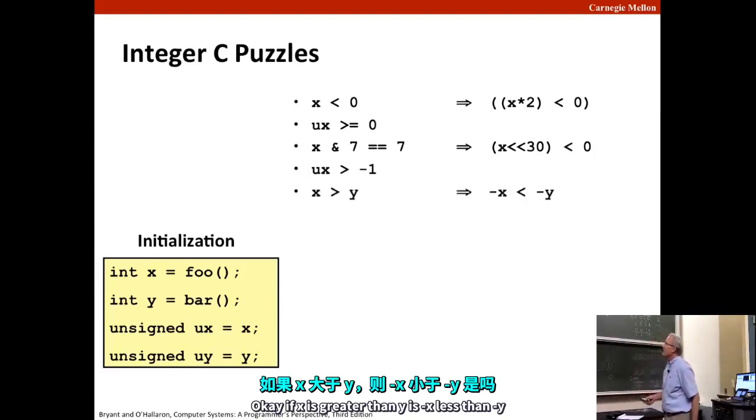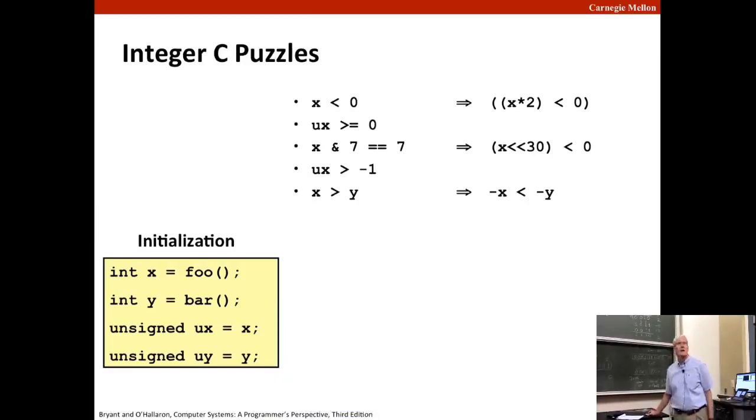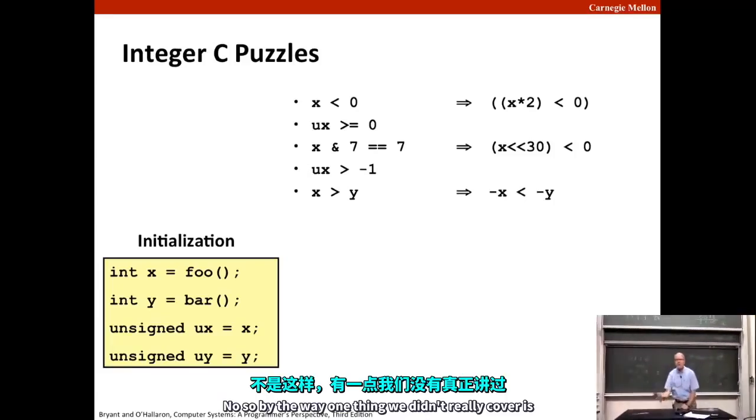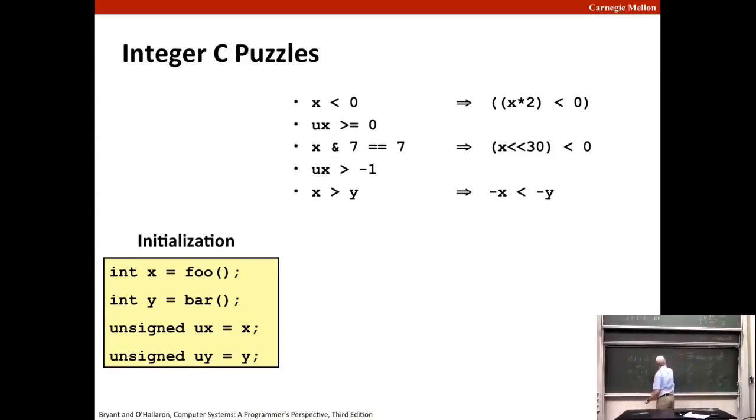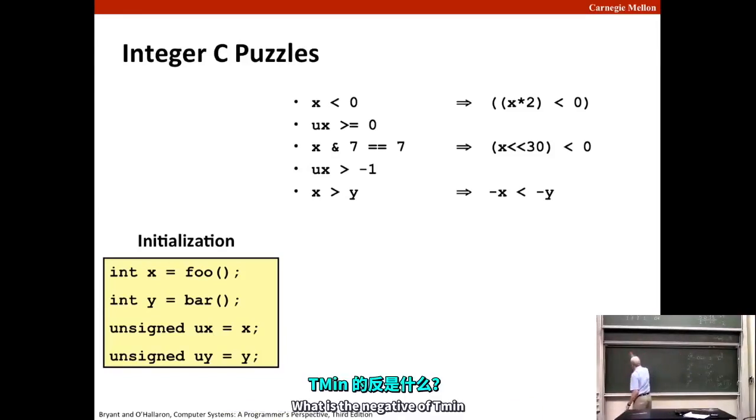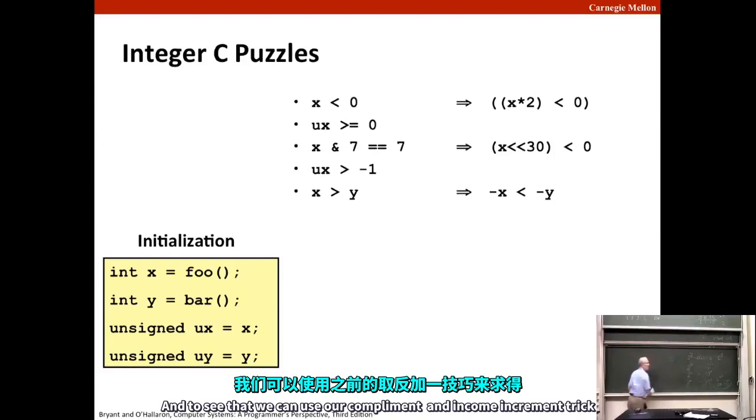Okay, if x is greater than y, is minus x less than minus y? No. By the way, one thing we didn't really cover is, what is the negative of T-min? And to see that, we can use our complement and increment trick.